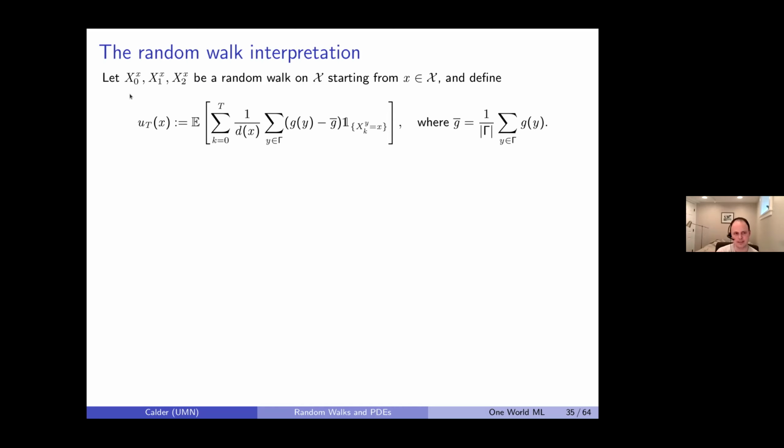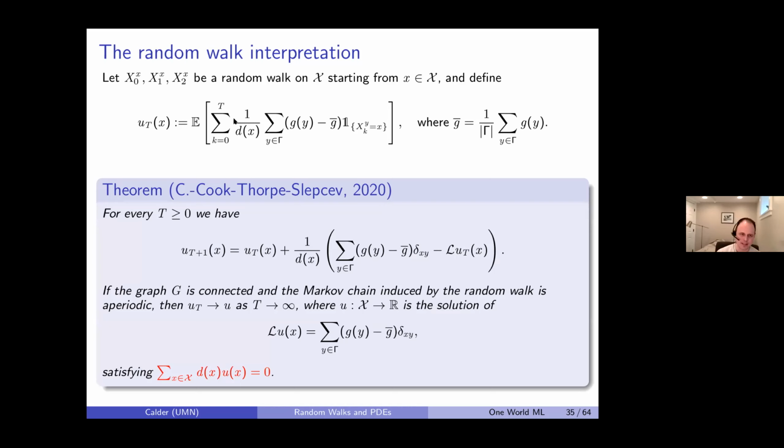So x0, 1, 2, superscript x, is the node where I'm starting. And what you do is you sit on an unlabeled node x, and you record every time you get visited by a random walker from one of the labels. You record its centered label vector, and you add these up over capital T steps, normalized by the degree of x, and take the expectation. So you're just counting how often you get visited by each of the labels' random walkers. And the one that visits you more often wins out, let's say.